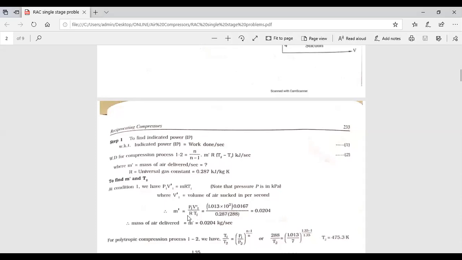The value of R is 0.287 kilojoules per kg Kelvin. And T1 is 15 degrees Celsius, which you have to convert into Kelvin, so it is 288.